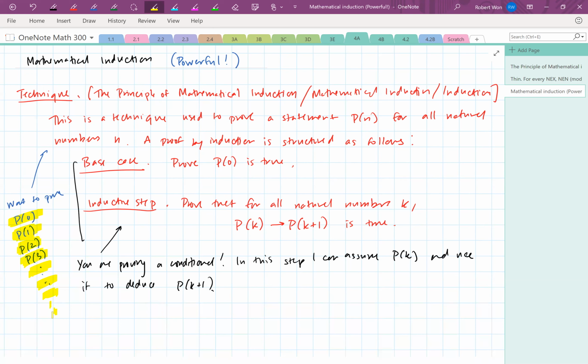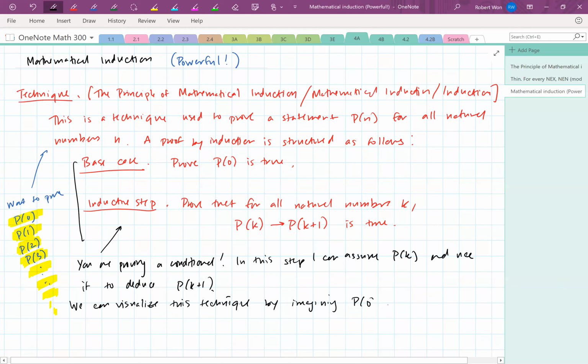Okay, so one thing that you can do is you can try to visualize this technique as imagining each case as a domino. Imagining P of 0, P of 1, P of 2 are dominoes.